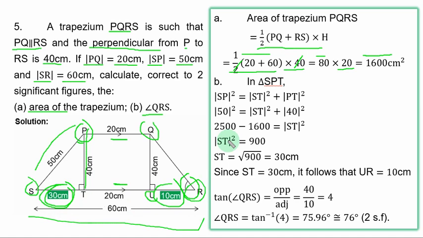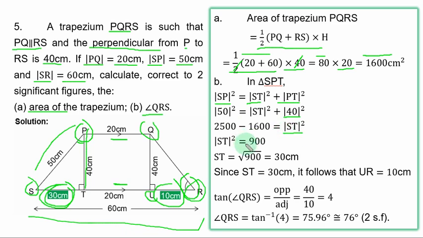So by Pythagoras rule, you have SP squared equals ST squared plus PT squared. SP is 50, PT is 40. We are looking for ST, all is squared, so you have 2500. If you square this, you have 1600. You transfer it to collect like terms, so you have 2500 minus 1600 equal to ST squared.